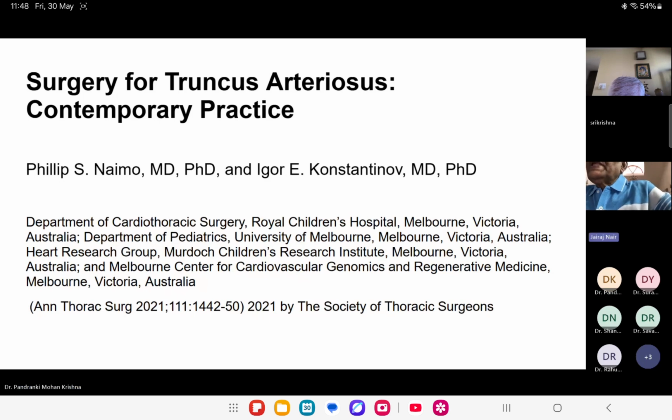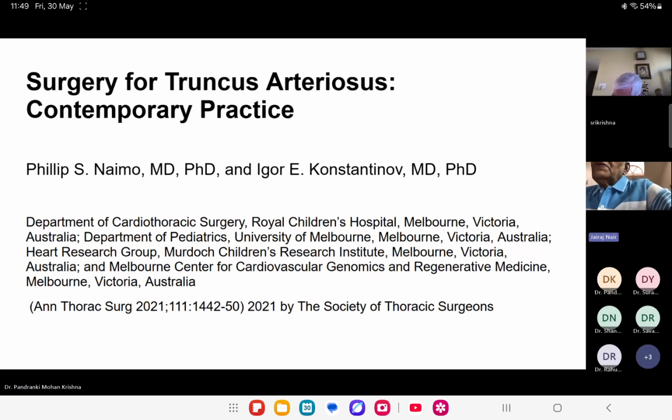And number three, the coronary anomalies. The most dangerous coronary anomalies are the single coronary artery, and next, a long intramural course. So these are the three main factors which cause mortality in truncus.